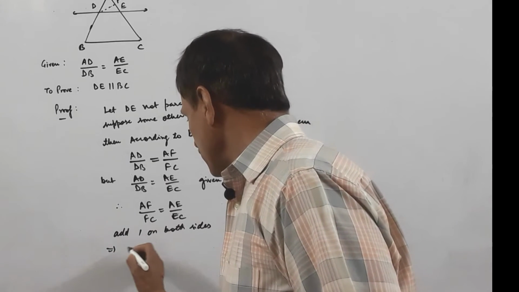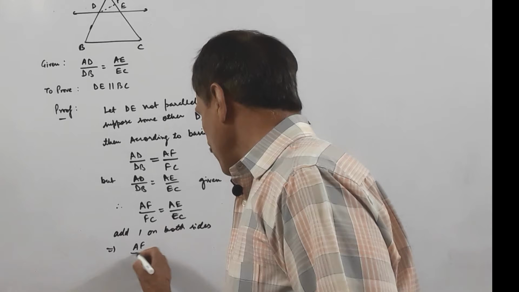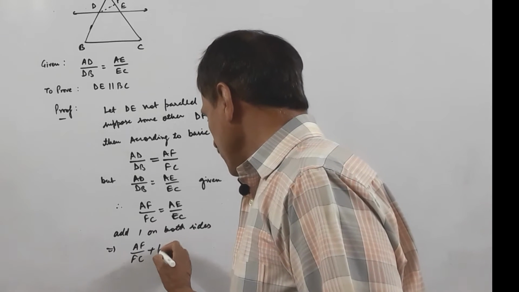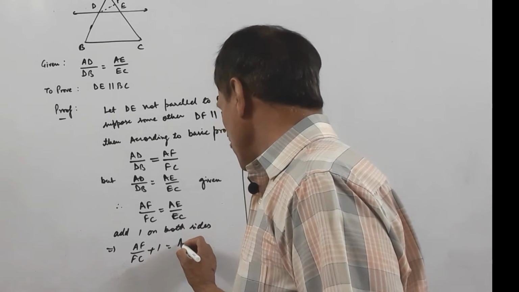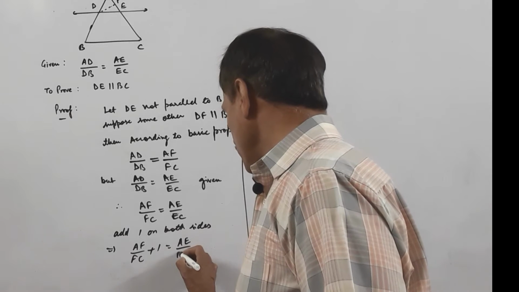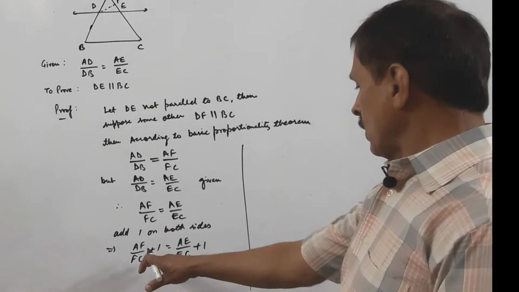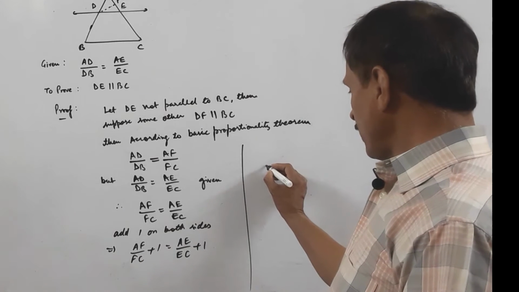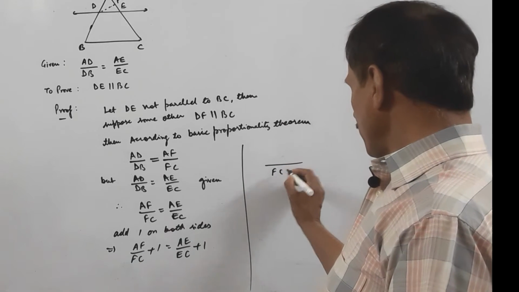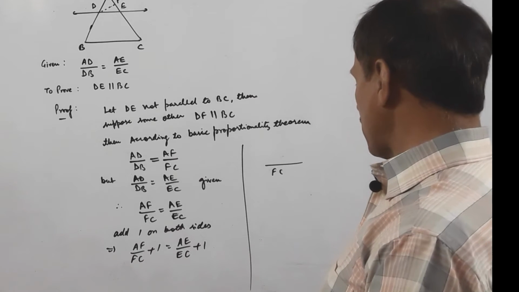Implies AF upon FC plus 1 is equal to AE upon EC plus 1. On solving it further, we take LCM FC.